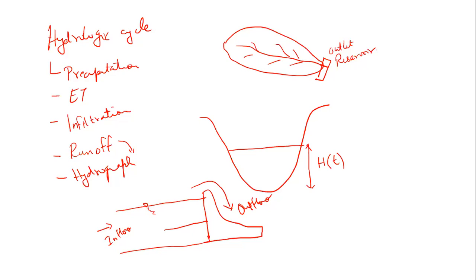Okay, so the objective of the chapter that we are going to be looking at now, flood routing, is basically to control the flood that is incoming and allow it to pass through the reservoir in a controlled manner.